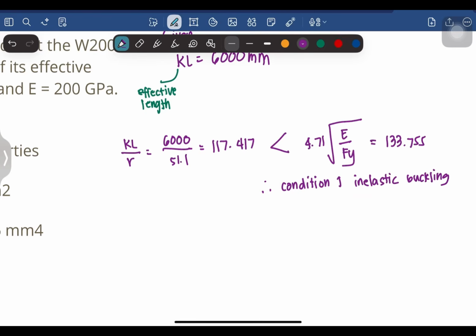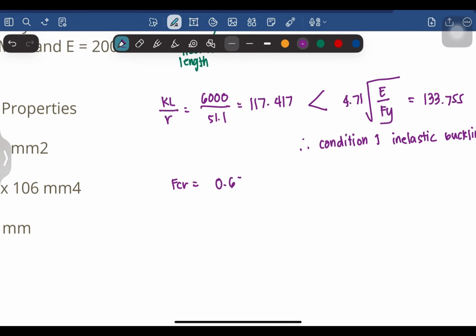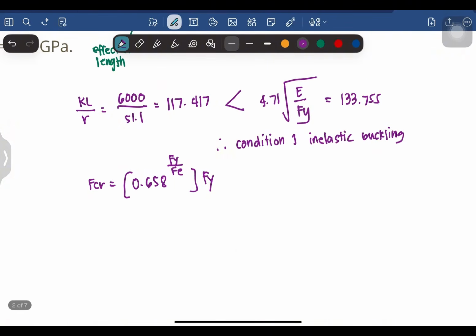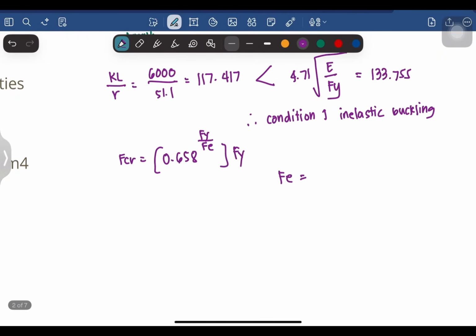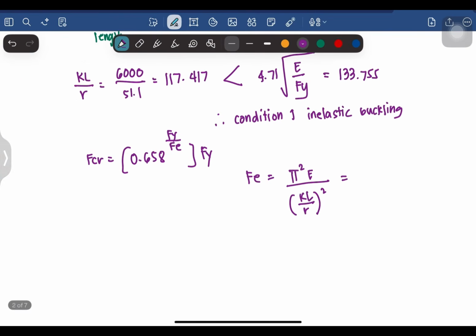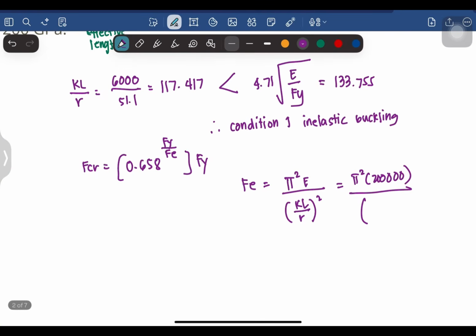So to determine the Fcr, we will use the formula 0.658 raised to Fy over Fe, times Fy. We have to solve first the Euler's critical buckling stress, pi squared E over KL over r squared. So pi squared times 200,000 over the ratio.